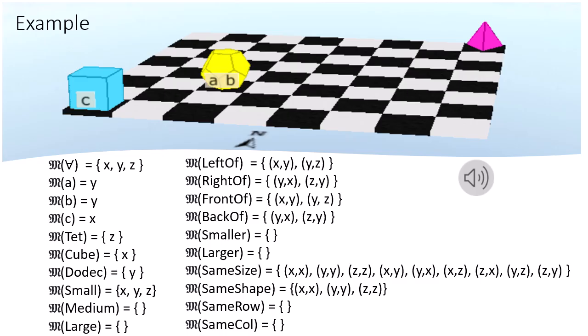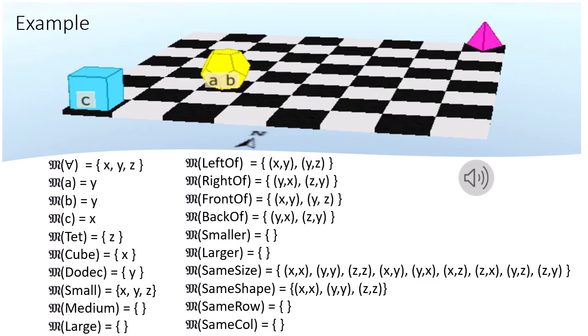And those are the only two relationships that make the left of predicate true. Now, right of is just sort of the reverse of left of, so you can see that those ordered pairs just get swapped around compared to what we have on the left of.